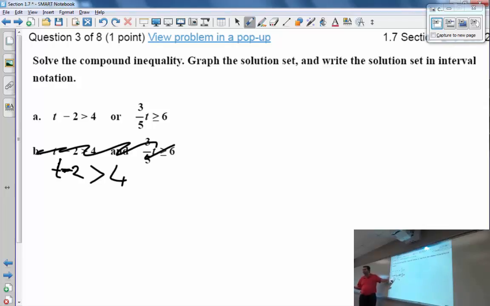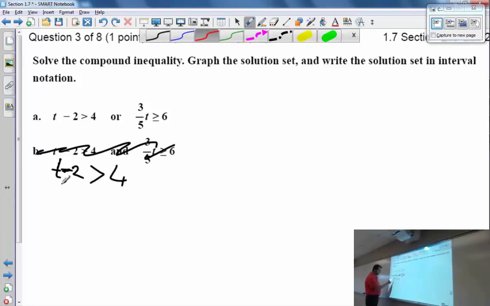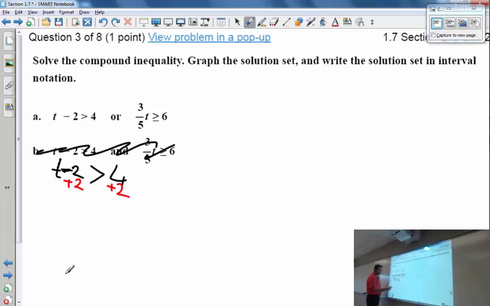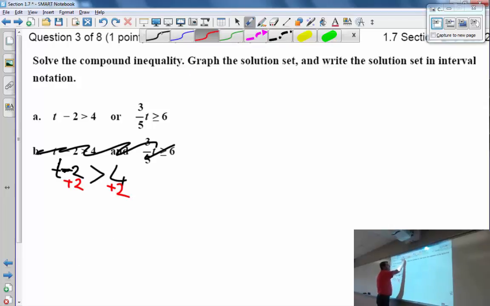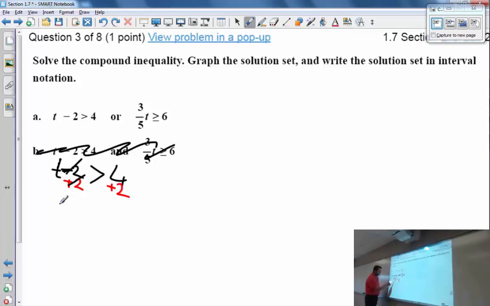What do I do? Add 2 to both sides. We are all set. T is greater than 6 is the first half of the solution. Let's get to the other one.